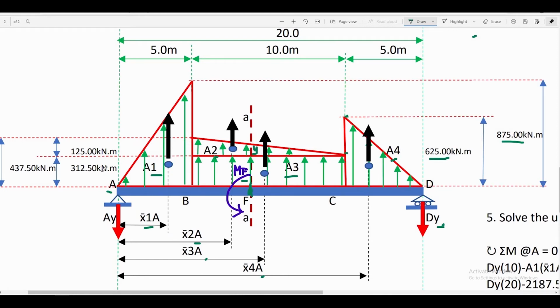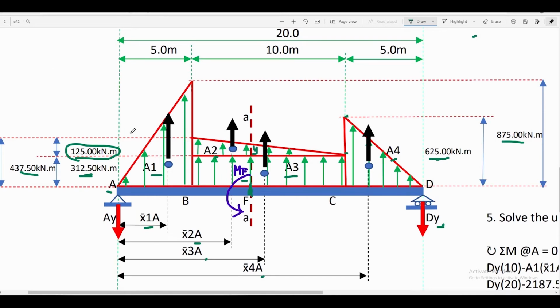Half of 625 is equal to 312.5 kilonewton meter. And since we divide the trapezoidal area from point B up to point C into two areas, triangular and rectangular, the ordinate of the triangular area is equal to 437.5, that is half of 875, minus 312.5, that is half of 625, and that is equal to 125 kilonewton meter.